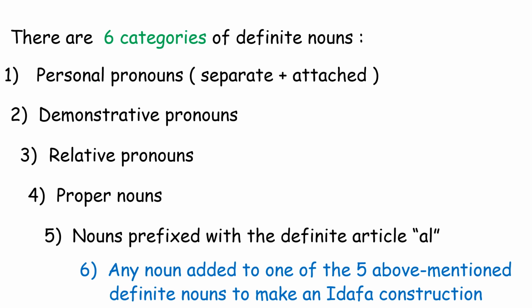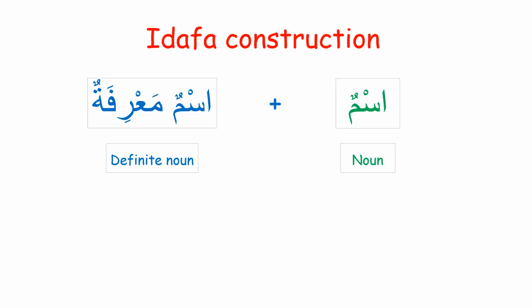So one can deduce that the combination of any noun with one of the 5 types of definite nouns written on the slide will not only result in forming an إضافة construction, but it will also make the first noun definite. So we are starting to know more about the purpose of إضافة as well as the nature of the second noun. And so far we can say that the second noun has to be definite.